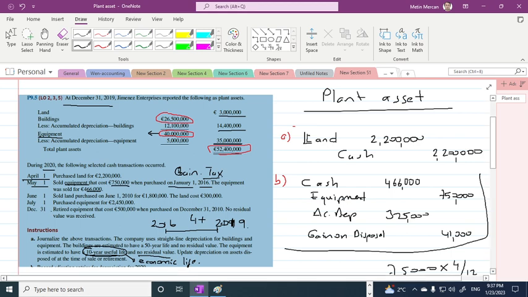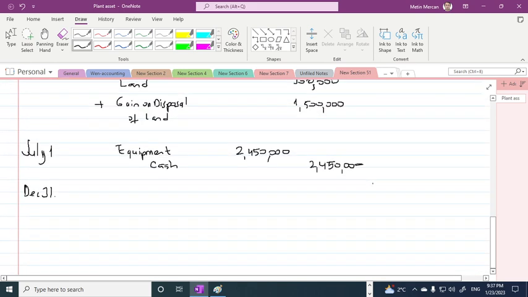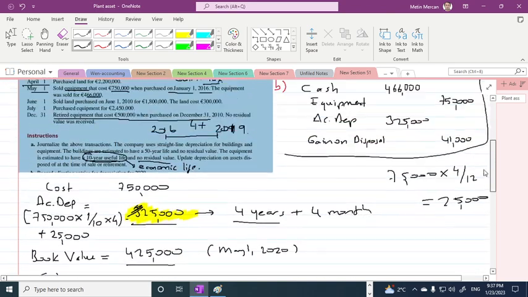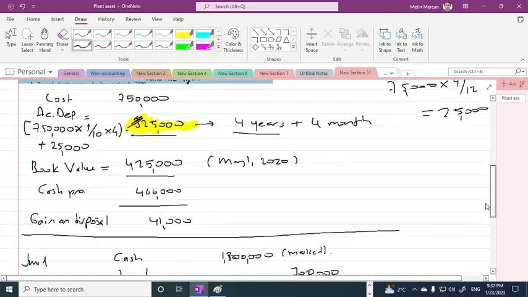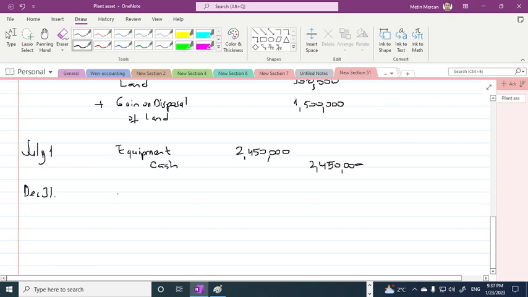So December 31, retired equipment that cost 500,000 when purchased on December 31, 2010. No residual value was received. Okay, 500,000, so we retire it.